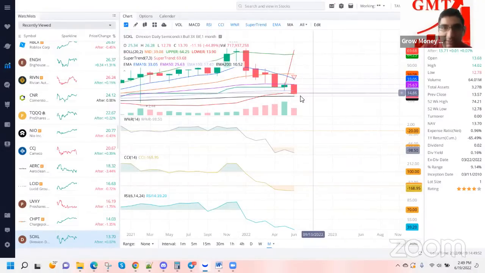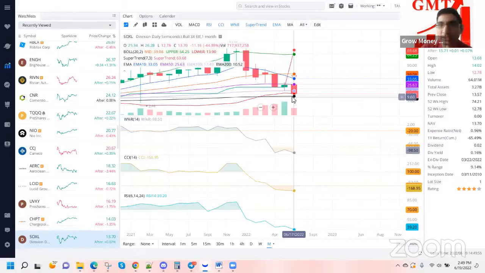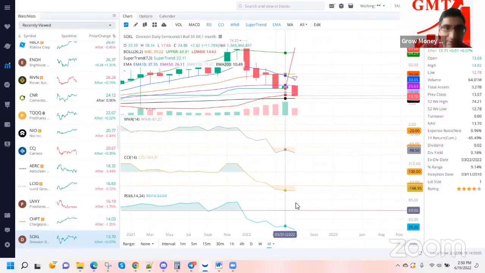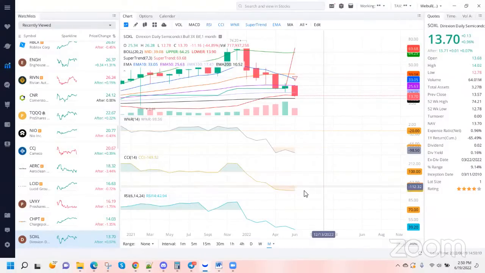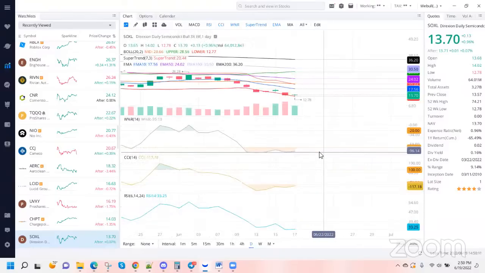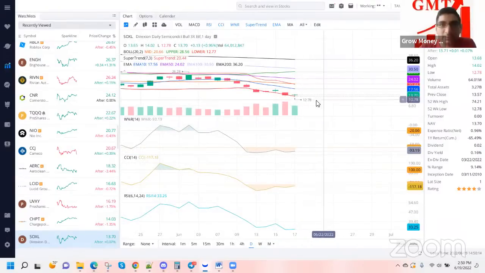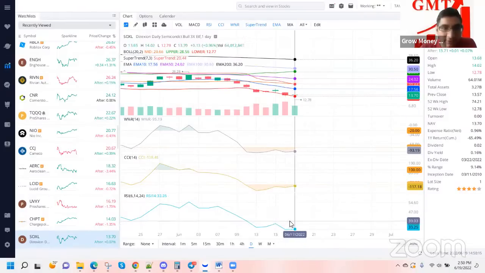On the monthly chart, EMA 200 is at 10.52. So still the potential of it to drop down close to 10.5 is still there on the month trend. So the recommendation would be same, to take trade for very short term.